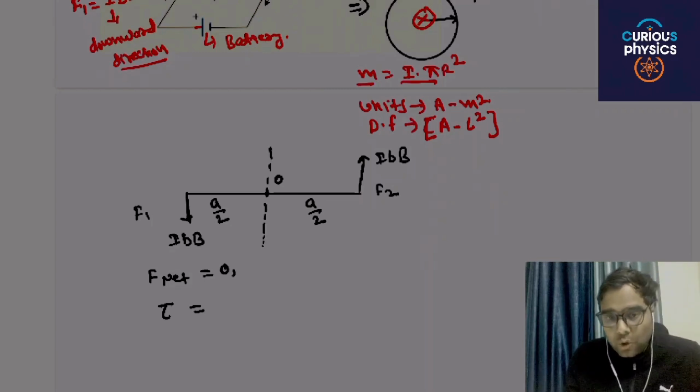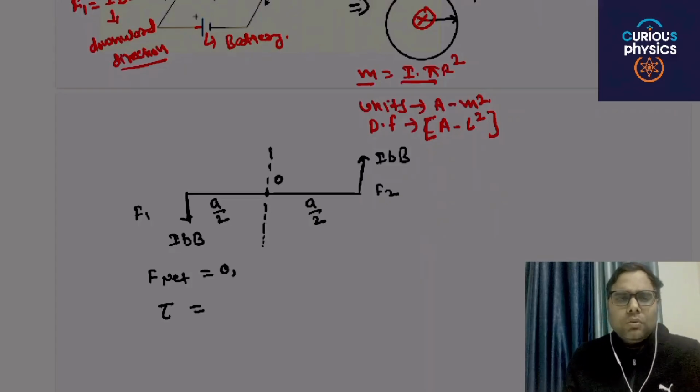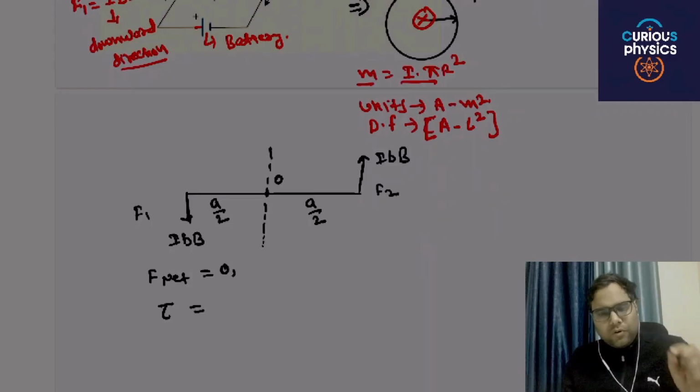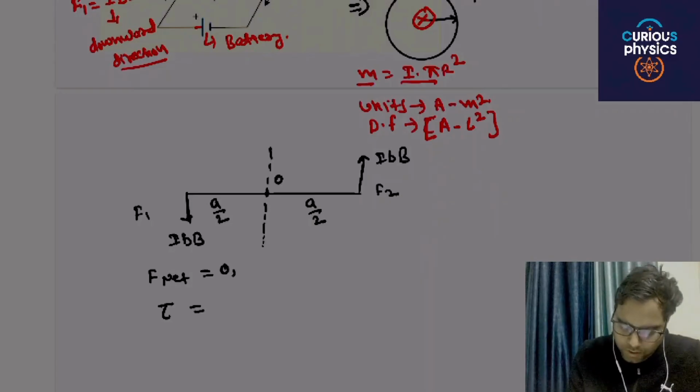As you know from class 11th, torque is a vector quantity. If the direction is same, both the torques will add, and this is also a couple torque, and the couple torque is equal to force into distance between them, or you can simply add the torques about the point O.